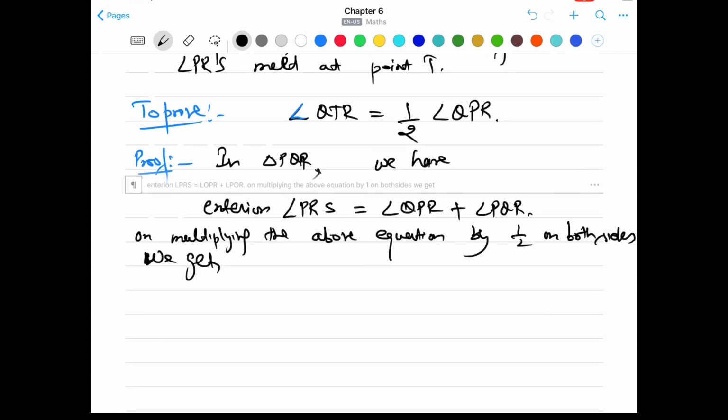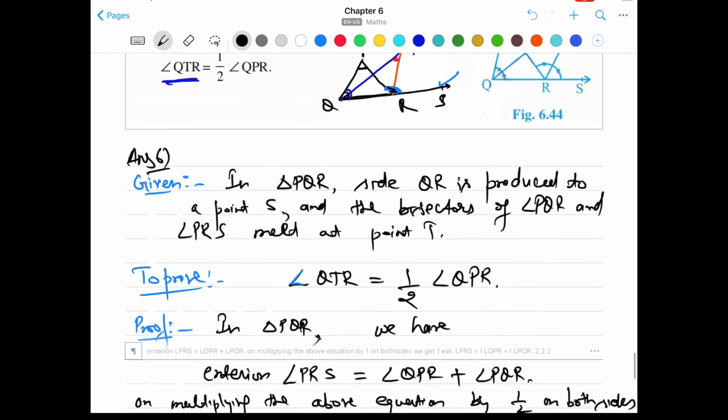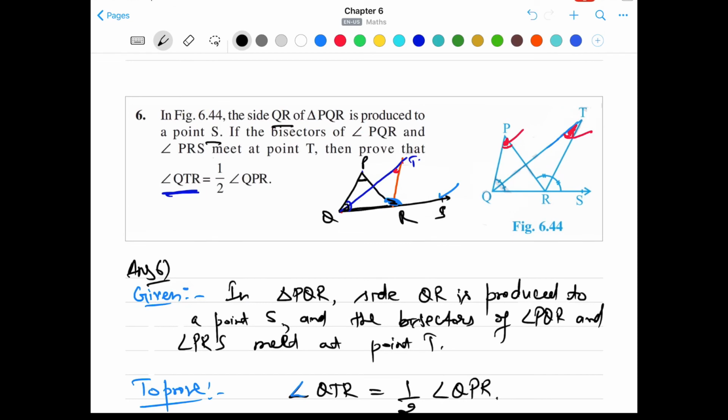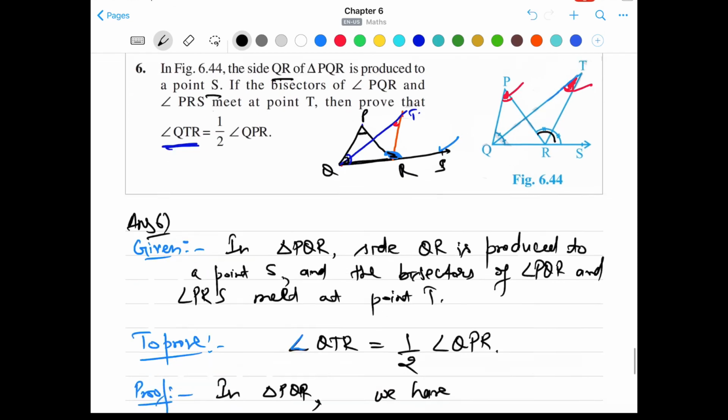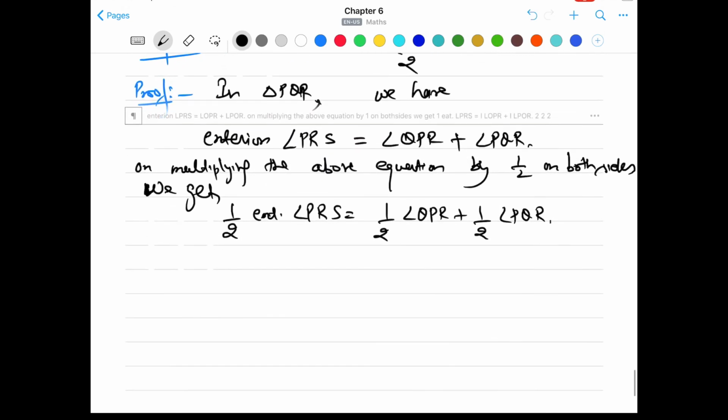what we're going to get is half of exterior angle PRS equals half of angle QPR and half of angle PQR. From the figure you can see the half of angle PRS is TRS, so we can write angle TRS in its place.